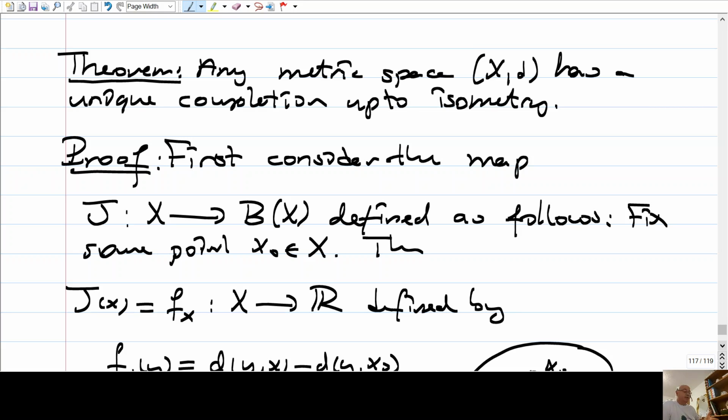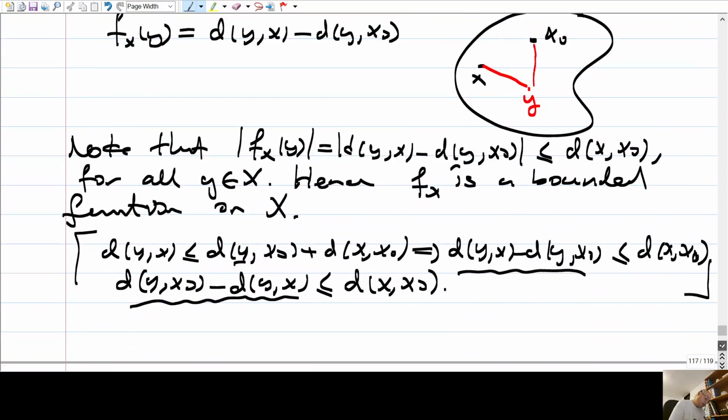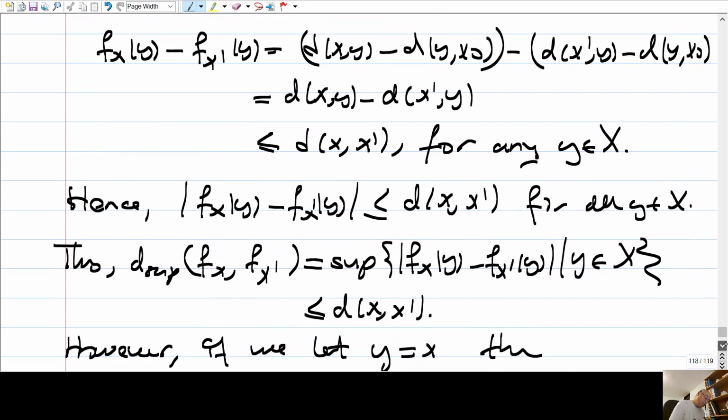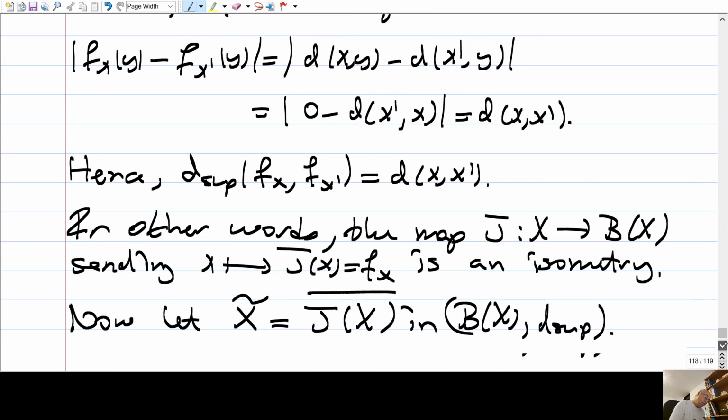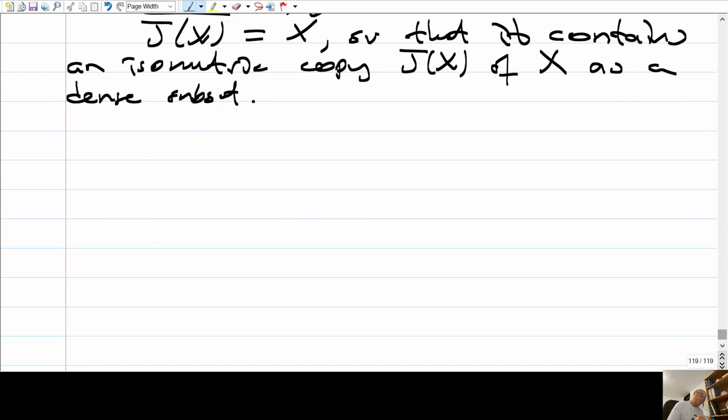Somebody else cannot construct a completion which is totally different from the real numbers. So we have to prove that. Completion of a metric space is unique.